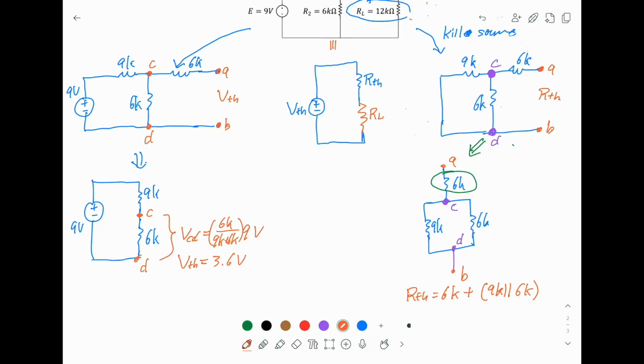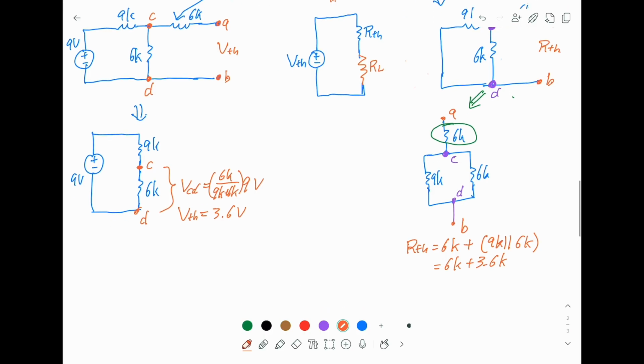If you plug this in and use the method, 9K parallel 6K, you get 3.6, so this is 6K plus 3.6K. Therefore the Thevenin resistance is 9.6K ohm.